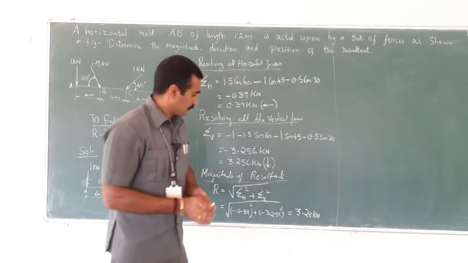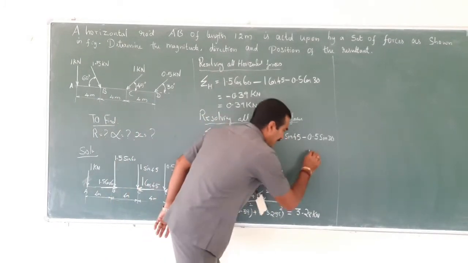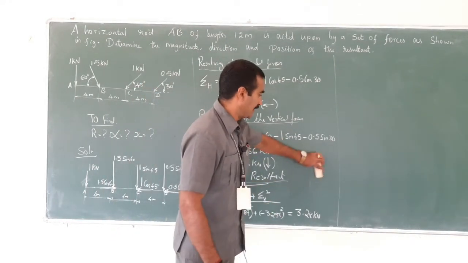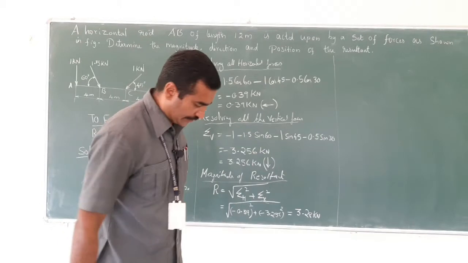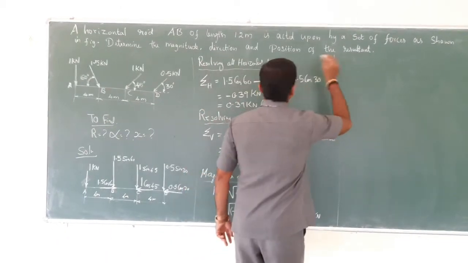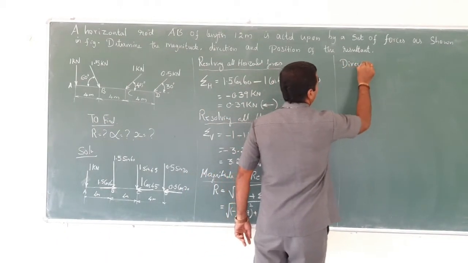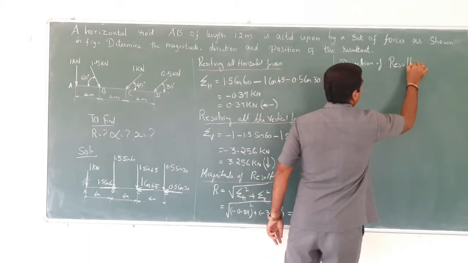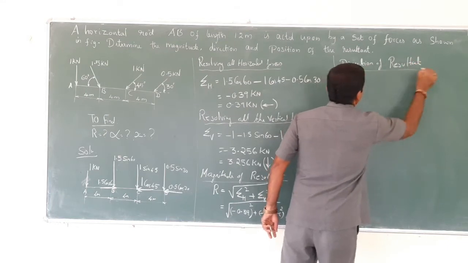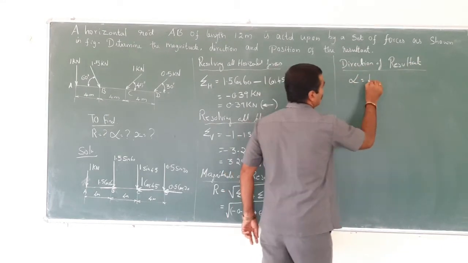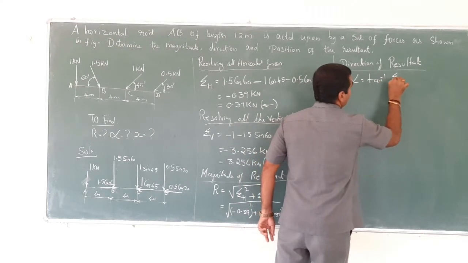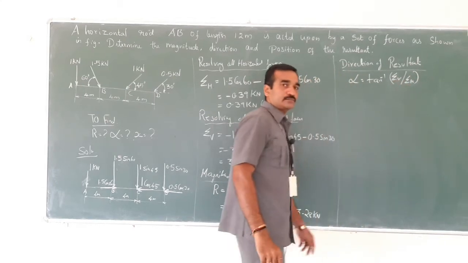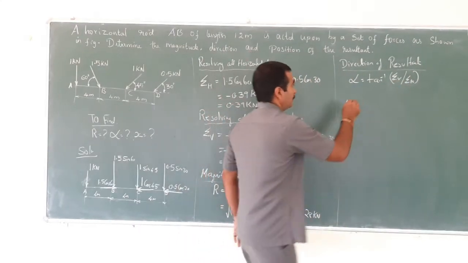Right. So, in which direction is it traveling? For which we need to know the inclination, that is nothing but the direction of the resultant. So, let me just find the direction of the resultant now. Direction of the resultant force, that is nothing but alpha. Alpha is equal to tan inverse of summation V by summation H. This is the formula. Now feed the values here.